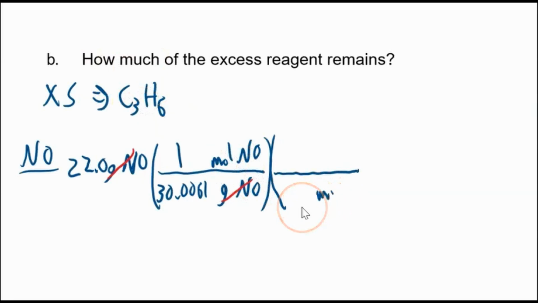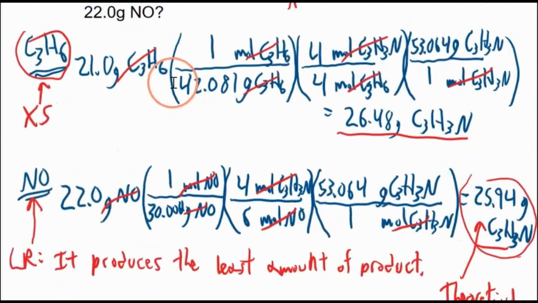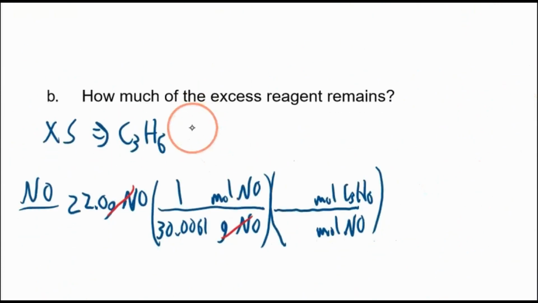So we'll put moles of NO downstairs to cancel out, and we want moles of C3H6. Based on our balanced equation, 4 moles of C3H6 react with every 6 moles of NO. So it's a 4 to 6 molar ratio, and our moles of NO cancel out.